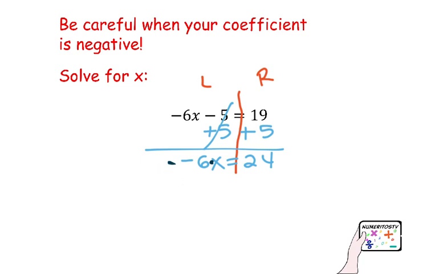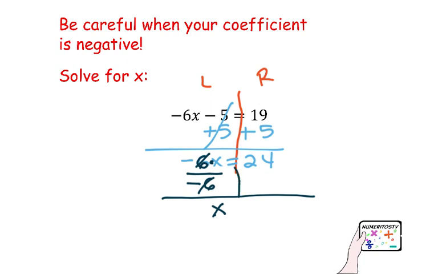So that is a very common mistake when you have a negative coefficient. The inverse operation of multiplication is division, so we need to divide by the same number, and the same number is negative 6. Negative 6 divided by negative 6 is that 1x that we want. This will simplify to 1x.